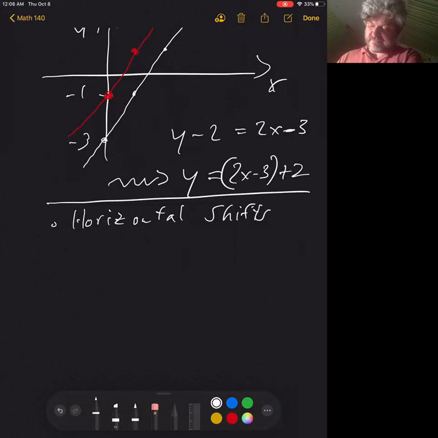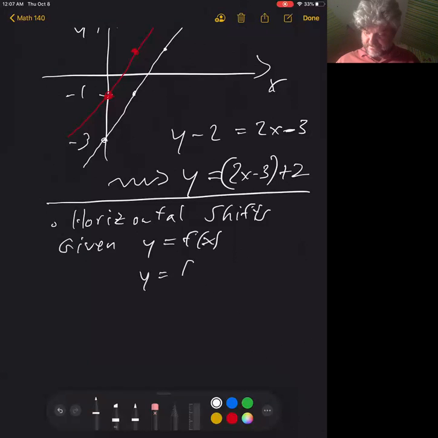So again, start with y is f of x. And now it's the same idea. If you shift the x-axis left by, let's say, a units, it shifts the graph to the right by a units.